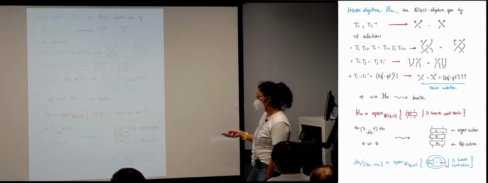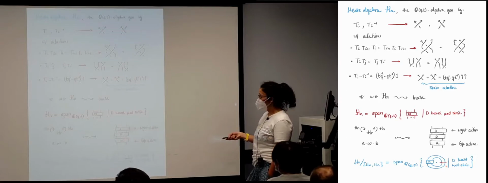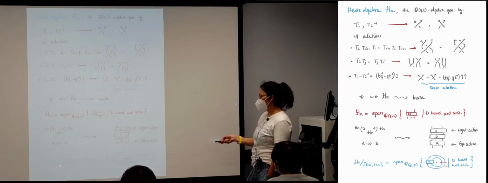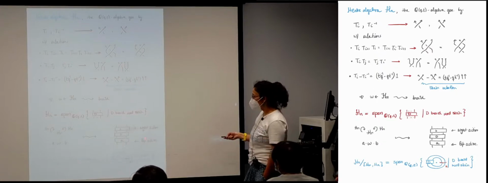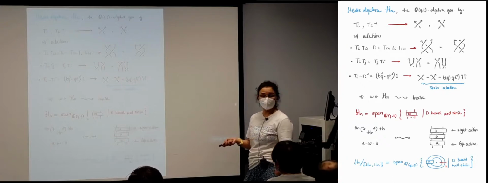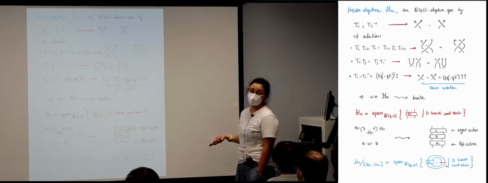I want an action on the right to be able to come around and act on the bottom. I want an action on the bottom to somehow be able to come around and act on the top, which is exactly telling us that this Hn mod its commutator is nothing more than taking these diagrams and closing them, right? By closing them, we are essentially identifying the right and the left action.